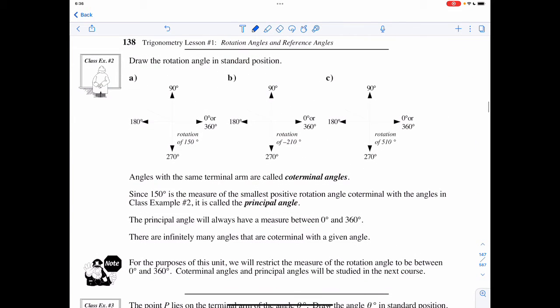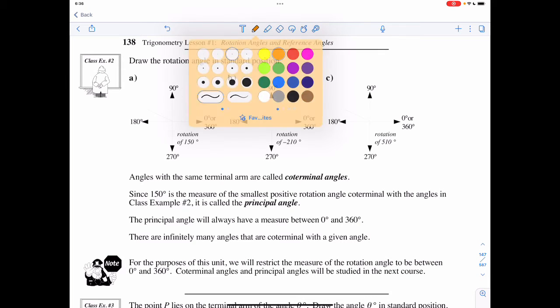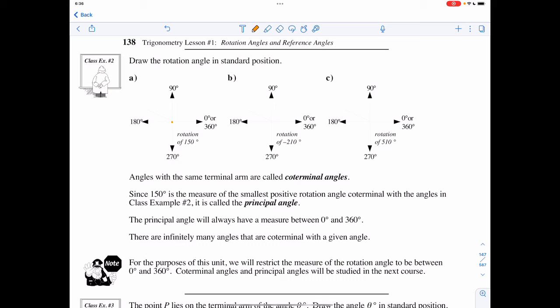So those were our angles in standard position. And it's asking us, what is the rotation angle going to be? Well, my rotation angle is literally just where that angle exists in between those two values. So my rotation angle for this one is going to be in between these 2 points.